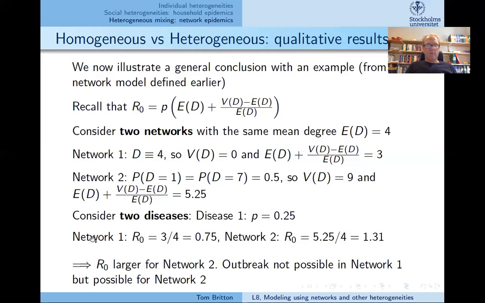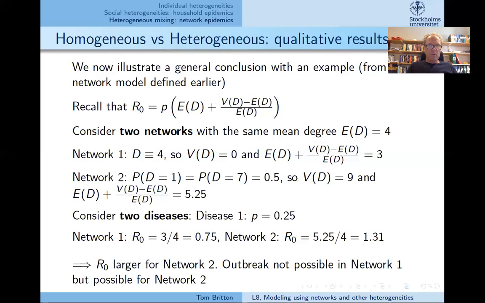So we see that for disease 1, R0 is larger for network 2, and an outbreak is not possible in network 1 since R0 is below 1, whereas it is possible in network 2. So clearly for disease 1, network 2 is more problematic than network 1.